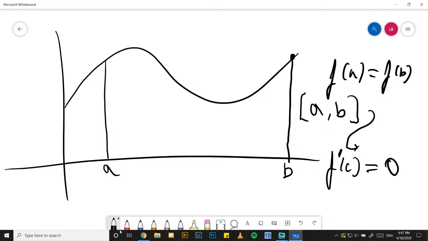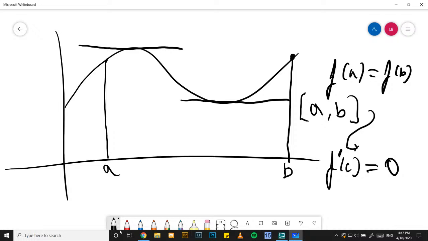If you have a over here and b over here, you can notice there's a 0 right over here. This makes sense: if the curve is going up for a little bit, eventually it has to come down again in order to go back to b.